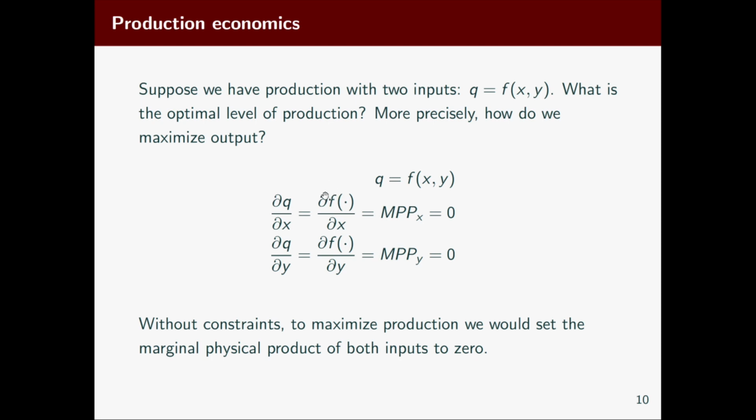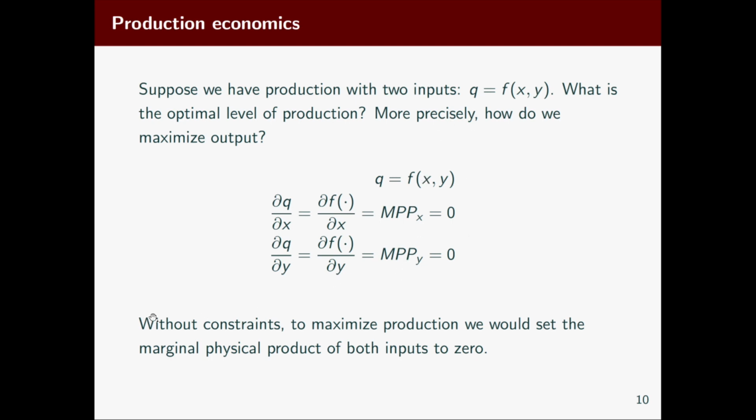That's going to be the partial of this function f with respect to x, which is by definition the MPP of x, and we set that equal to 0. Okay, and then we also have to do that for y because we're using 2 inputs, both x and y.